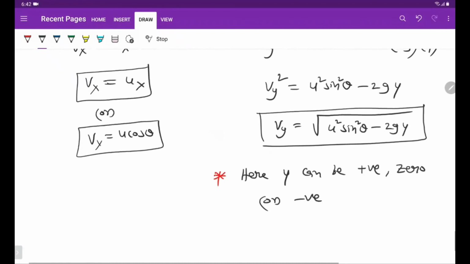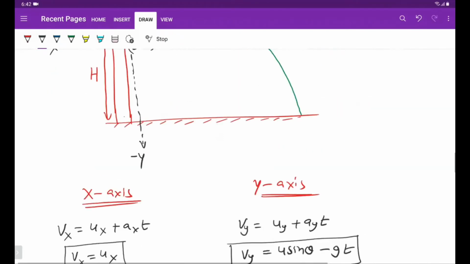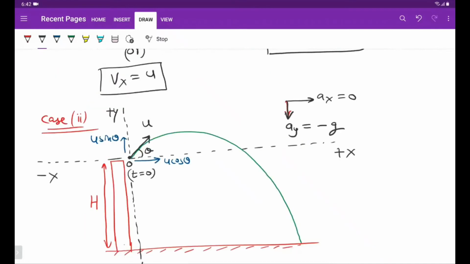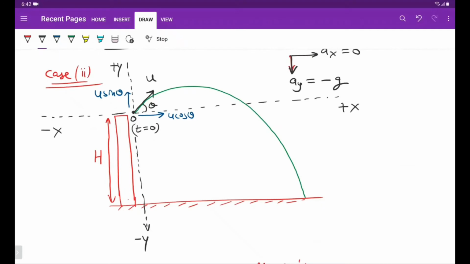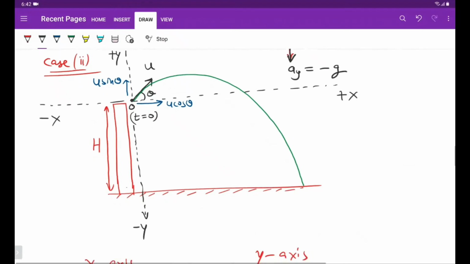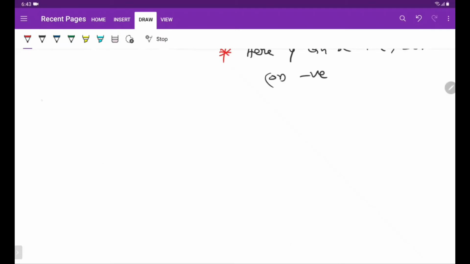These are the three kinematic equations we are using in case 2. First of all, we know how to take the coordinate system: here we are projecting up, so the upward direction is positive and the right side direction is positive. Similarly, the last case, case 3.